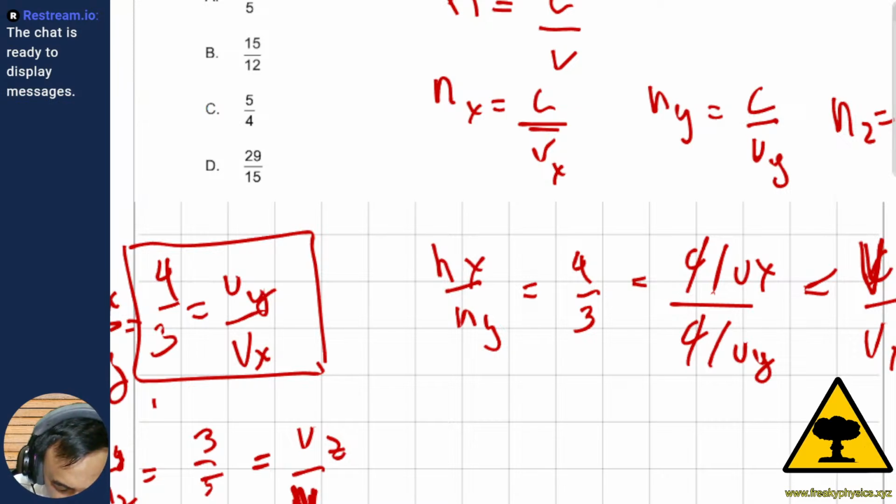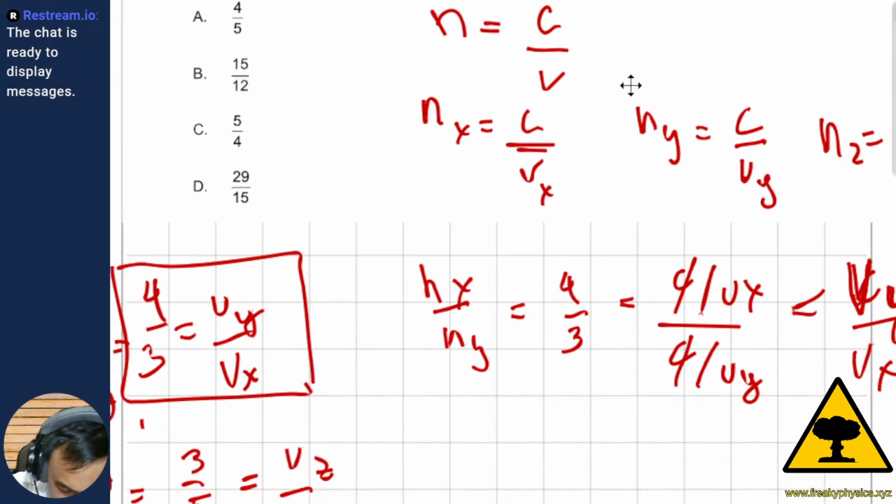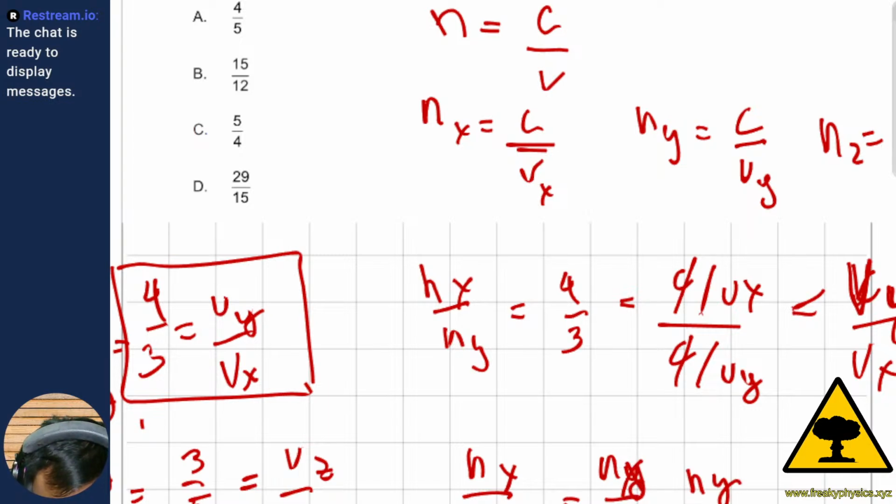Now finally we're looking for x to z, right? So nx over nz, we're going to look for that. Basically we'll do nx over ny, then ny over nz. This ny cancels out, but actually we don't have to do that because we know nx over ny to be 4/3, and we know that ny over nz is 3/5.